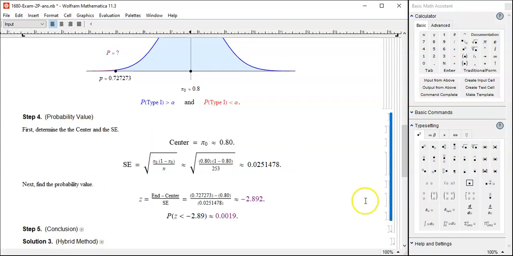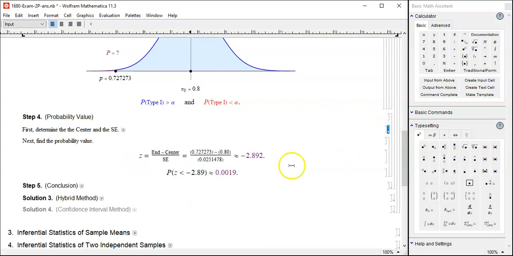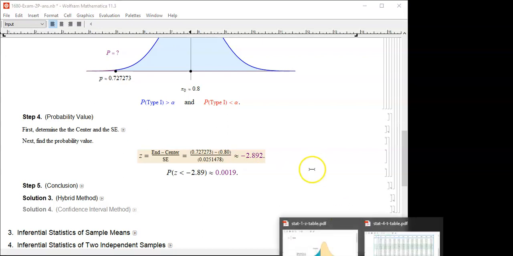probability value method. So center and SE, the same computation as before. And then find the probability using z-score, p-bar minus center over SE. Calculate, you're going to get negative 2.892. So negative 2.89, and look up the z-table, negative 2.89.